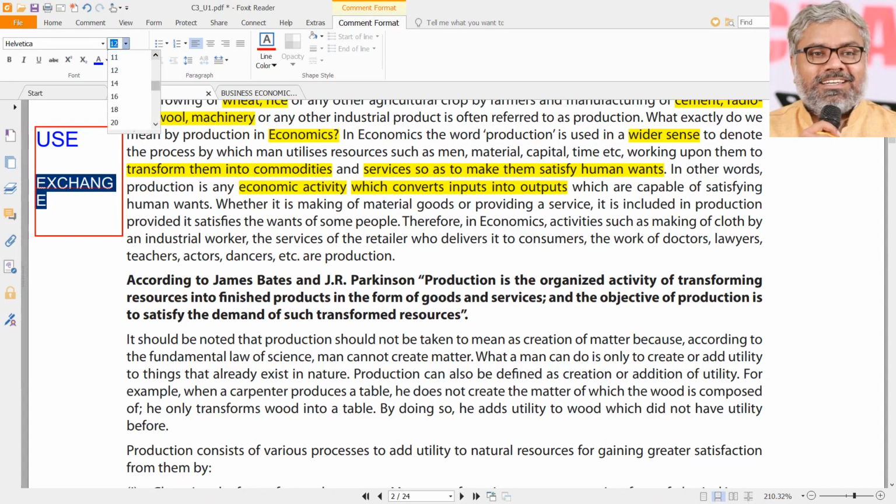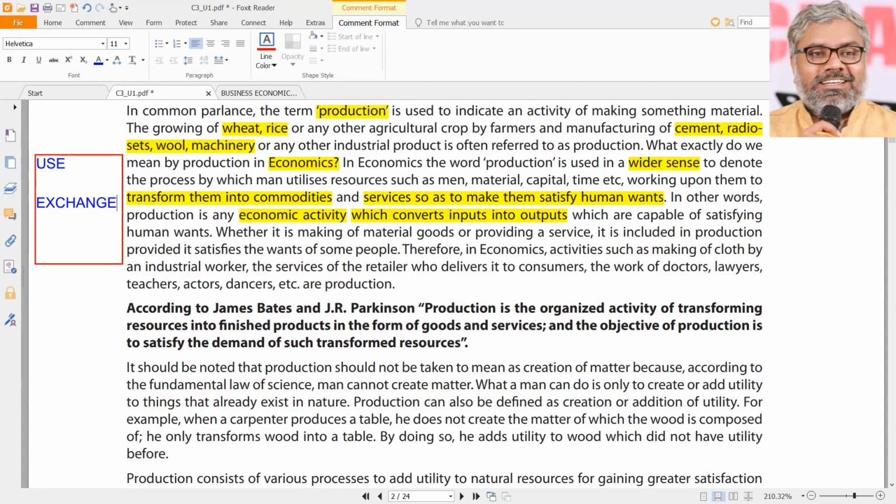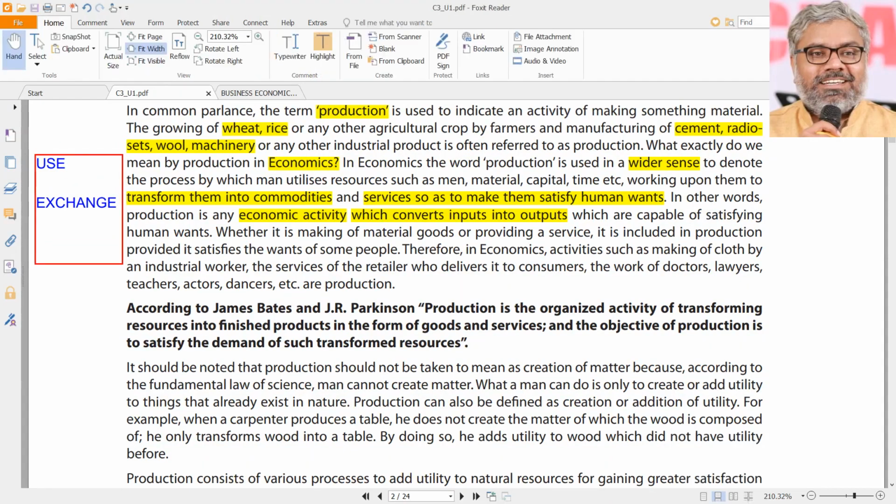What generates only use value cannot be called an economic activity. That is a point to be noted here. Use value and exchange value both will be there for any commodity, but just having use value is not an economic activity, while creating exchange value is an economic activity.